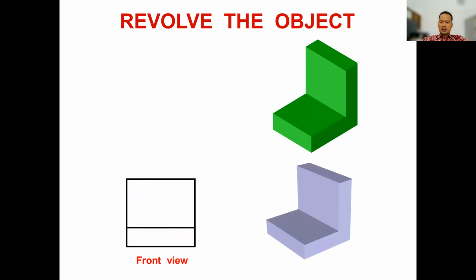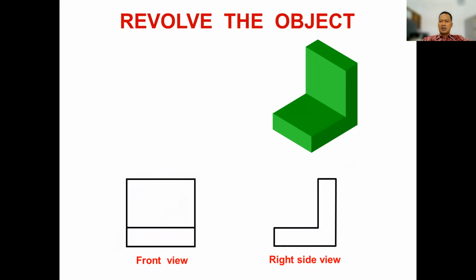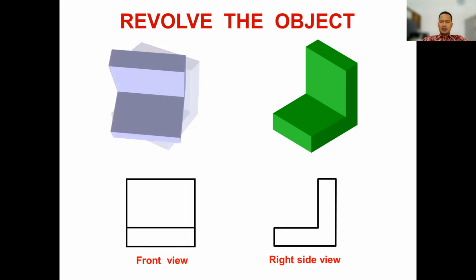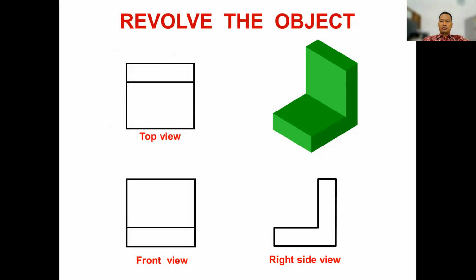And then revolve the object, then you will get the side view like this. And then revolve the object, and we will get the top view.